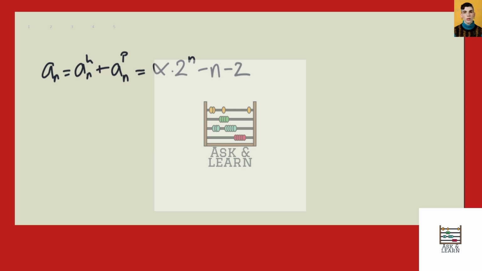And so at n equals 0, we get alpha minus 2, which was equal to a naught, which was log 2 of 6.